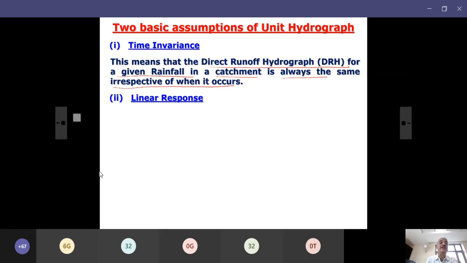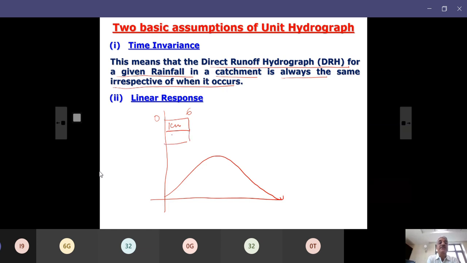And second is linear response. What is linear response? Linear response means, let us say again we take an example, 3 hours or 6 hours, whatever, there was unit rainfall and this was my hydrograph. Then it says if rainfall was n centimeter rather than 1, its shape, its extent, everything will remain same.